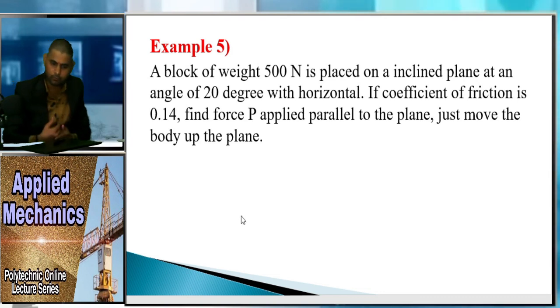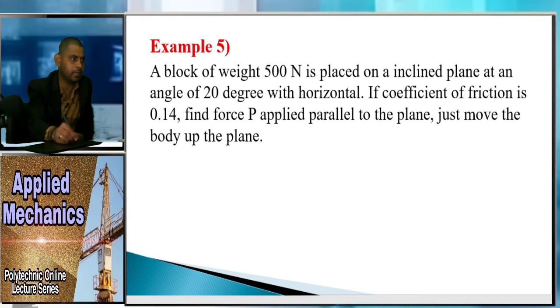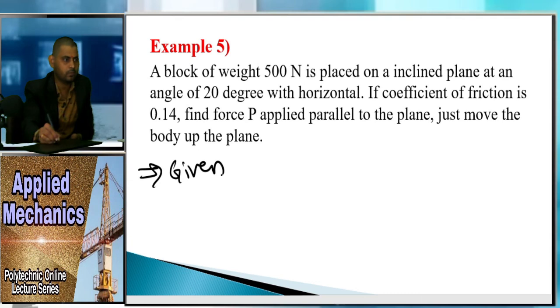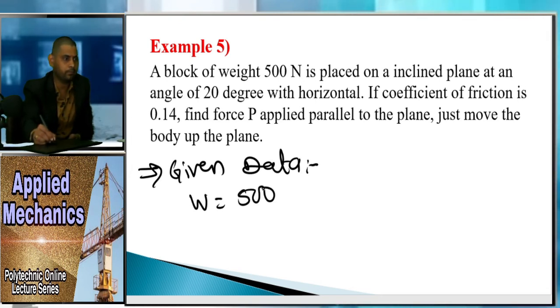So first thing you have to do, you have to find out the given data. So what is the given data? W is equal to 500 Newton, and theta is given, that is 20 degree. Here the angle is given.